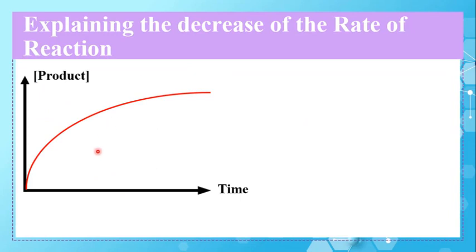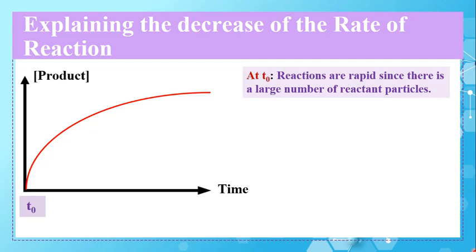Going back to our graph, we can explain its shape by using collision theory. Reactions are rapid initially because we have a large number of reactant particles. This means that we have a large number of collisions per second.